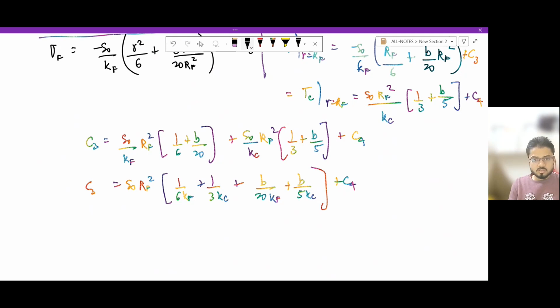And now we switch to the normal marker. So you have C3 already.